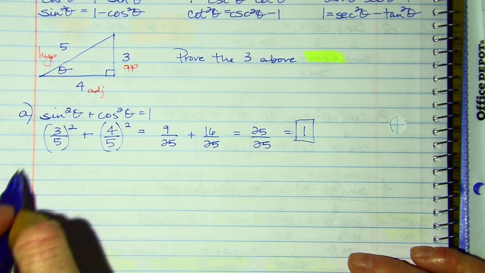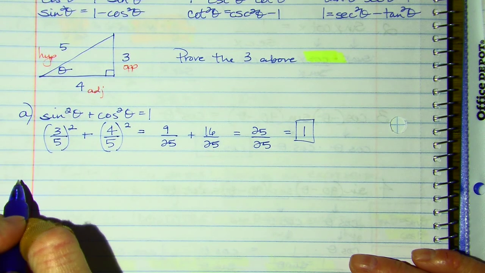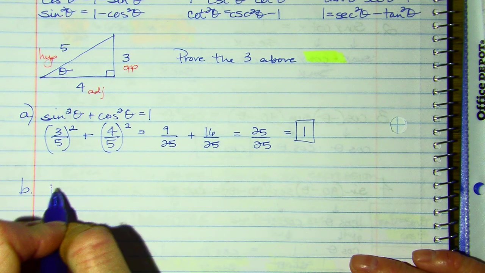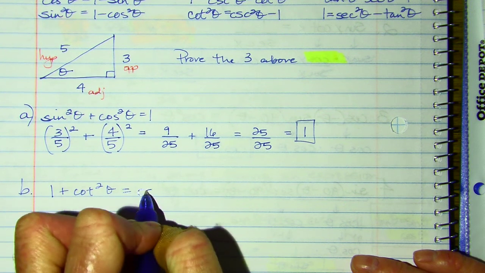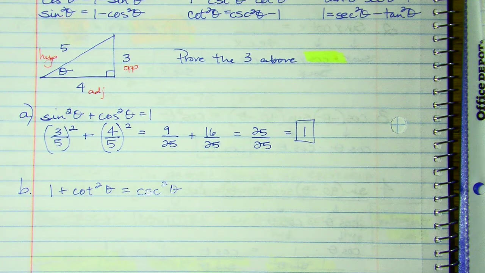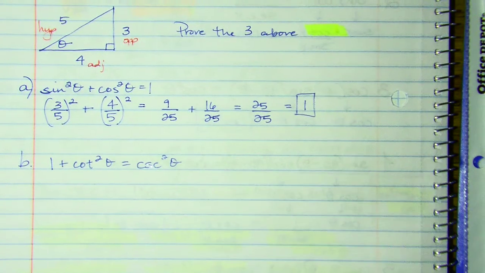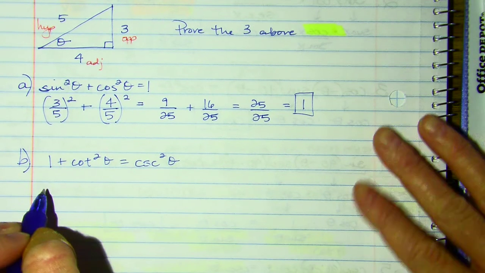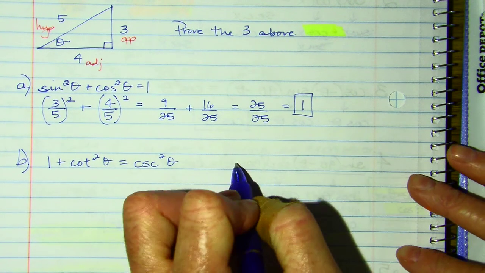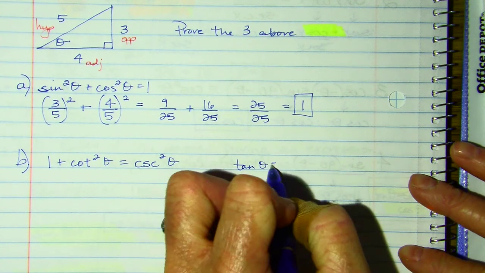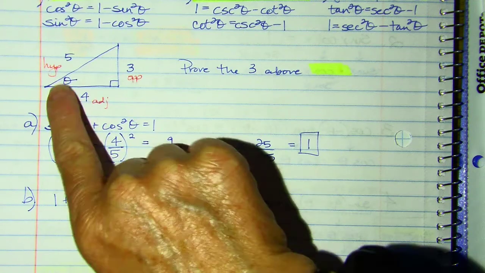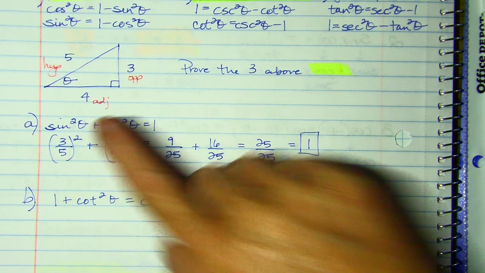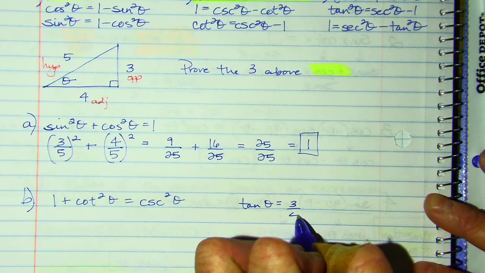So now I'm going to prove part B, that 1 plus the cotangent squared of theta will equal cosecant squared of theta. So, let's fill this in. So tangent of theta, because I'm writing that because it's reciprocal of cotangent. Tangent of theta would be opposite over adjacent, so that would be 3/4.